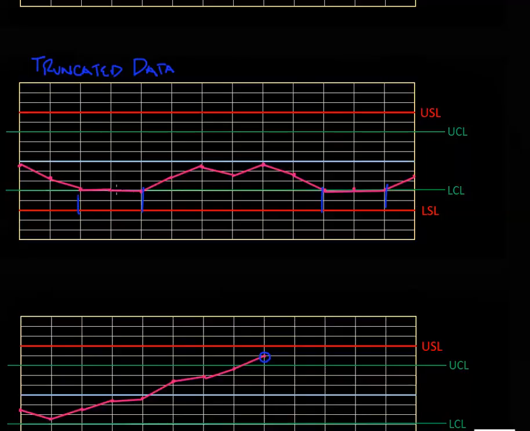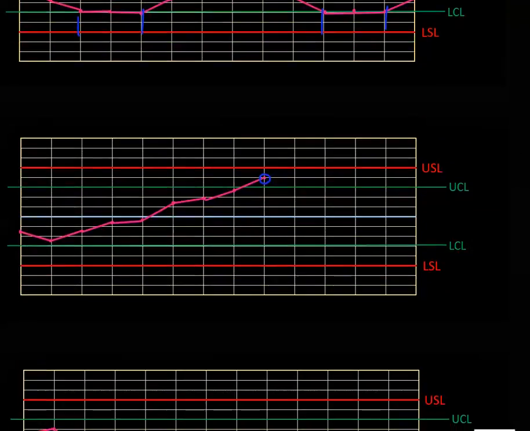But maybe there's an operator who doesn't really want to shut the machine down, maybe in an incentive-based system, or for whatever reason, they don't want to shut down, they don't want to investigate. They may just truncate, or in other words, stop measuring parts below a certain limit, and then it comes back. So if you ever see the lack of variability at a control limit, it could be truncated data. So take a look at it that way.